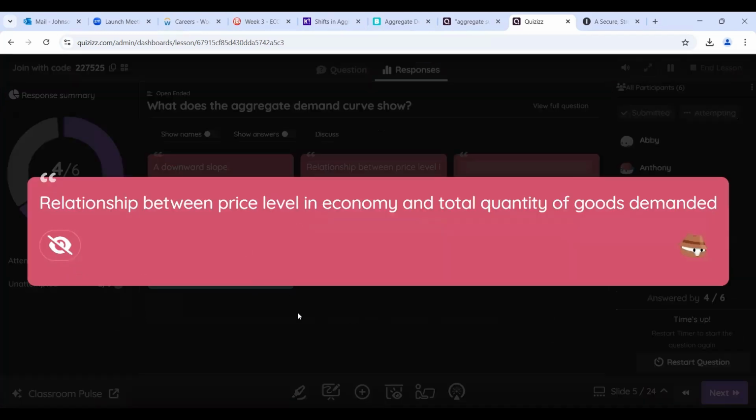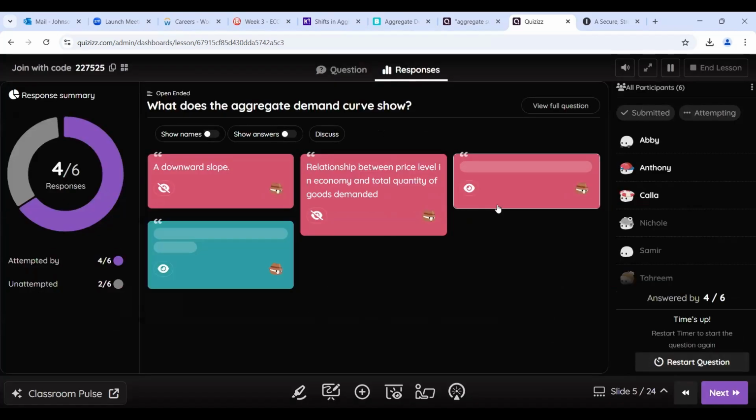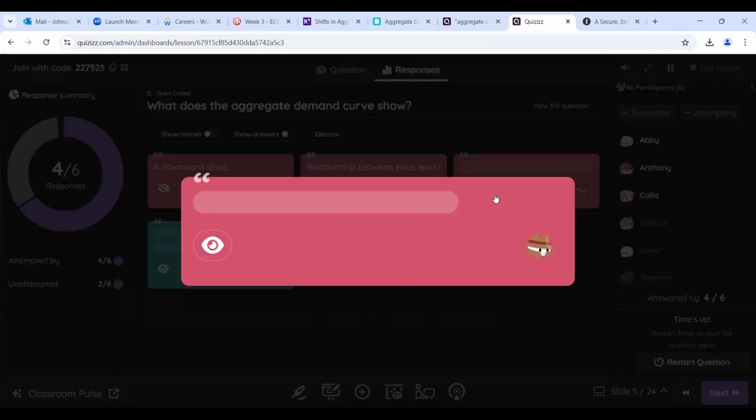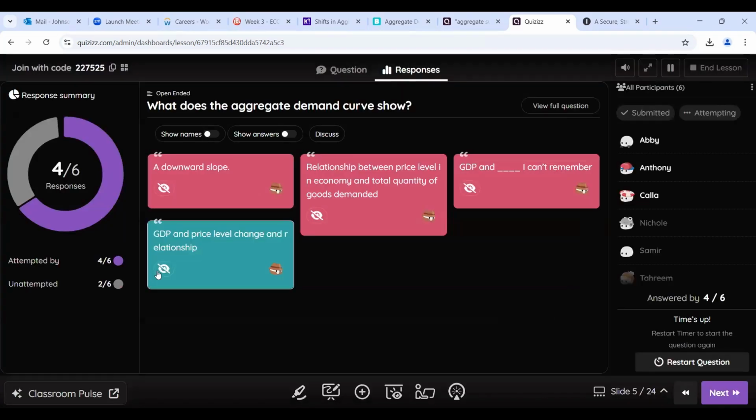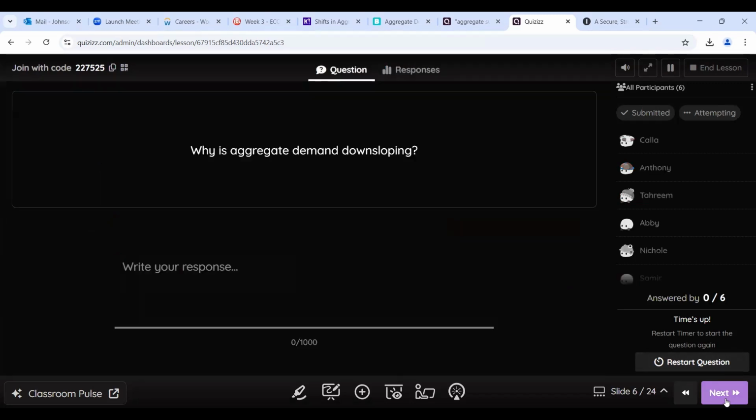Relationship between price level in the economy and total quantity of goods demanded, yes. As price level goes down, quantity demanded goes up for goods, which makes sense because everyone wants to buy things less expensive. So GDP and the price level change in relationship. So as prices go down, GDP goes up in that case.